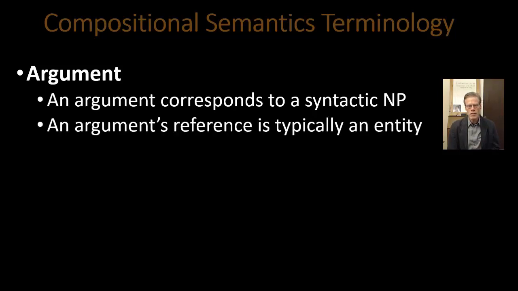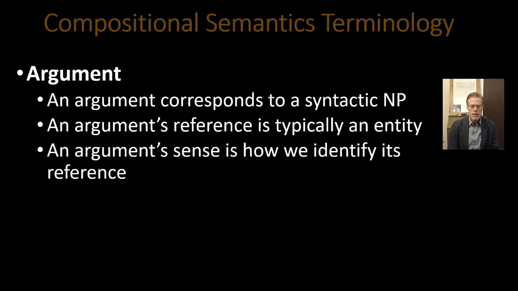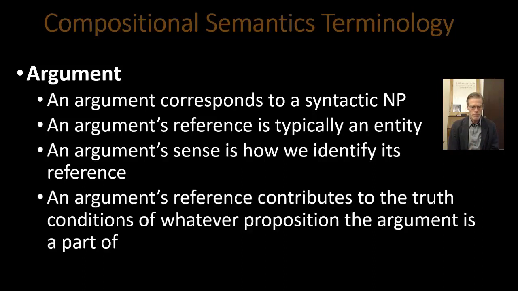An argument's reference is typically an entity, something that exists out there in the real world. An argument's sense is how we identify its reference. An argument's reference contributes to the truth conditions of whatever proposition the argument is a part of.